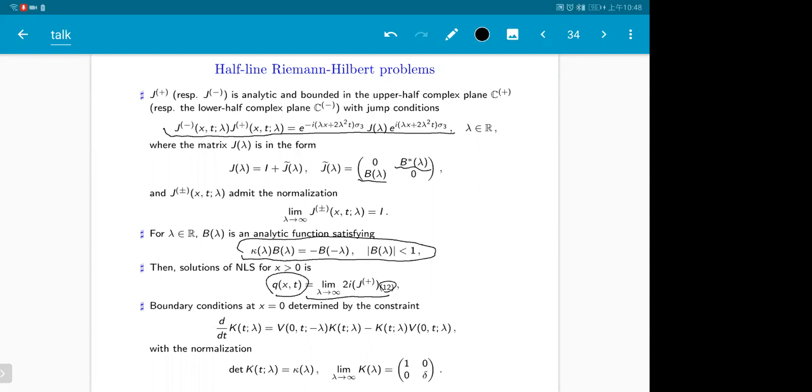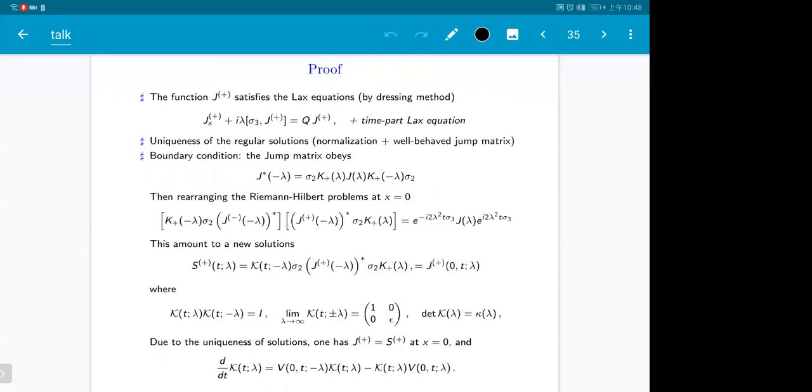The boundary condition for this half-line solution at the origin is determined by an extra relation here, which is exactly the hierarchy of integral boundary conditions we assumed previously. So we have the kappa controlling the boundary conditions and the well-defined asymptotics in this form. The proof of this claim can be split into 3 parts.